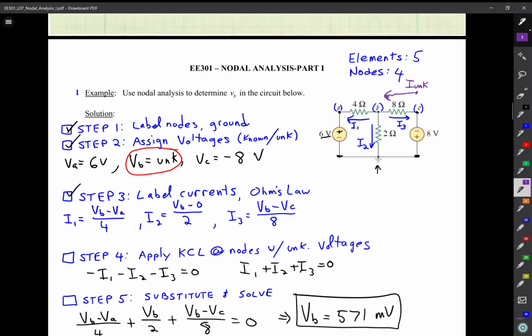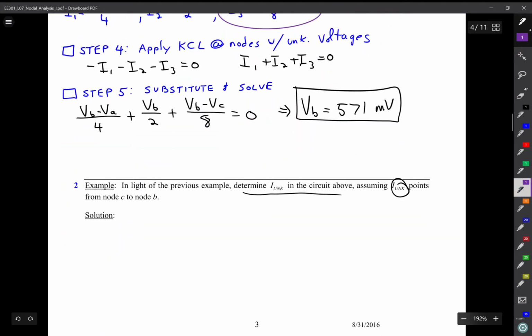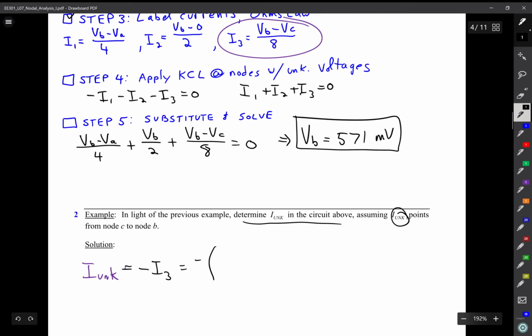But if I look at my drawing, I see that I unknown is just the opposite of I3. I've solved for I3, and I know my equation for it, which is right here. So I'm going to say that I unknown is equal to minus I3, which is equal to minus VB minus VC divided by 8.